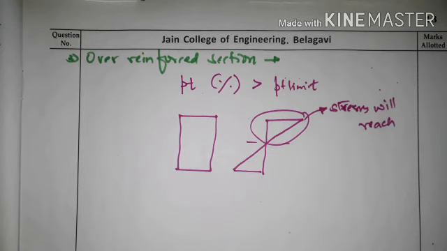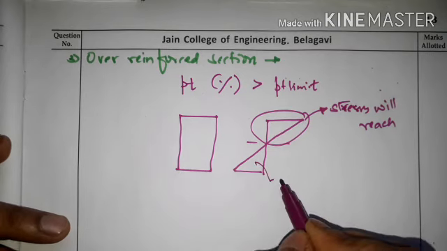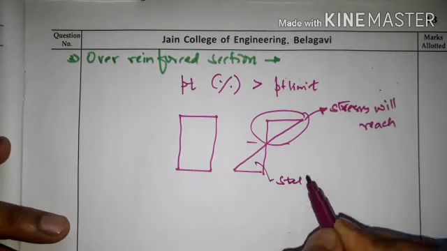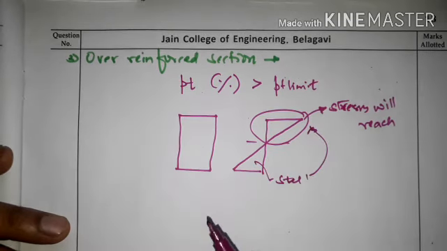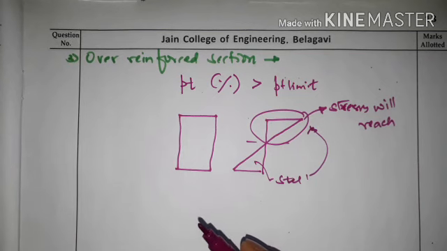The steel is capable of bearing the additional stresses, ready to elongate for a longer duration. But in concrete, the concrete is crushing simultaneously.